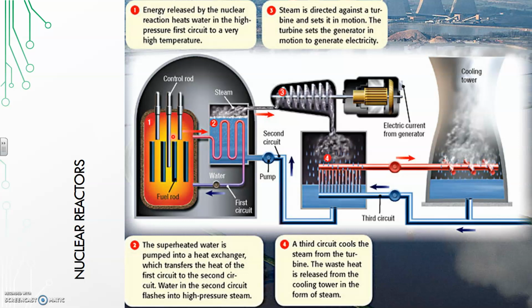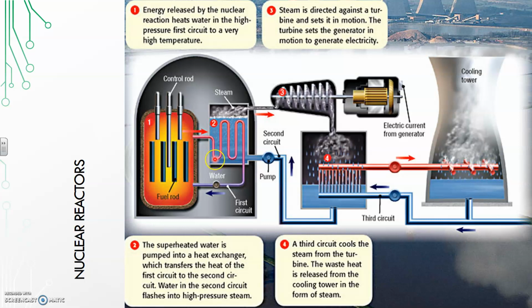So you have the nuclear reactor, and energy is being released by these nuclear fission reactions. That's going to heat water in a high pressure first circuit. In this first circuit, it's still going to be water. It's under too much pressure to allow it to create steam.